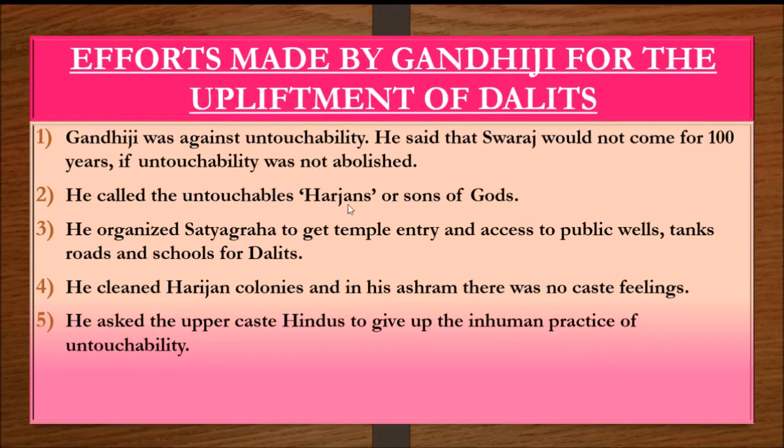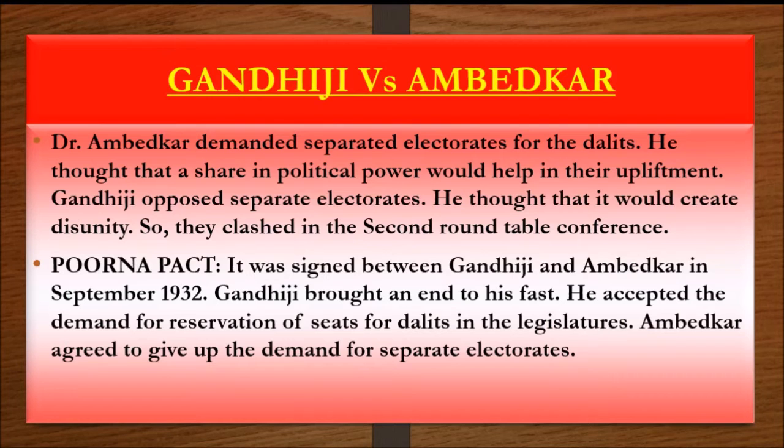He called the untouchables Harijans or sons of God, and he organized a Satyagraha to get temple entry and access to public wells, tanks, roads and schools for Dalits. He cleaned Harijan colonies, and in his ashram there were no caste feelings. He asked the upper caste Hindus to give up the inhuman practice of untouchability.